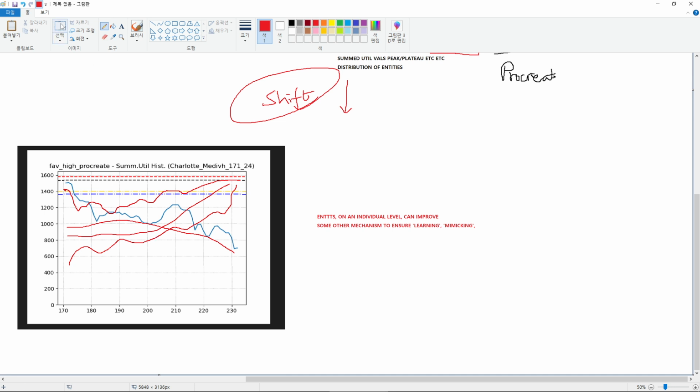But I do not see anything like that. Any graph, any plots, any lines that do this. Because any entity that has a high sum utility value got it from the start because their parents were very good.